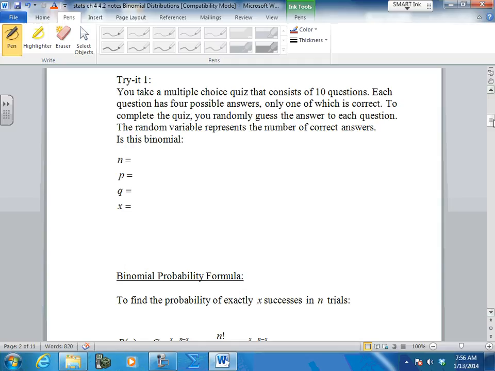This one's always tricky. And for those taking Algebra 2, this is a great one.